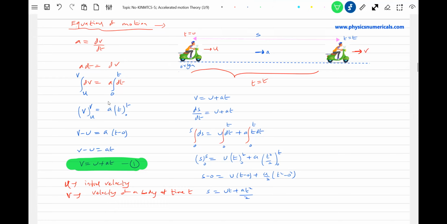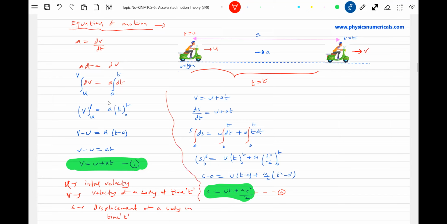This is the equation which gives the relationship for the displacement of a body in time t.